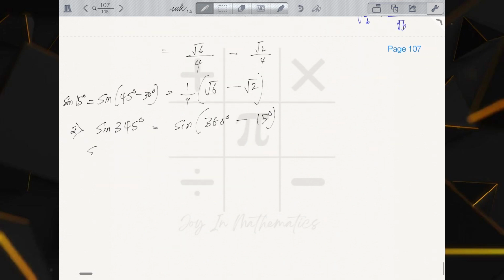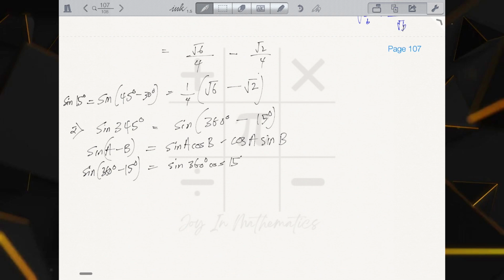Now we are still going to be using sine A minus B, which is sine A cos B minus cos A sine B. So let us evaluate sine 360 degrees minus 15 degrees, where A is 360 degrees and we have cosine 15 degrees, and where A is 360 degrees and we have sine 15 degrees.